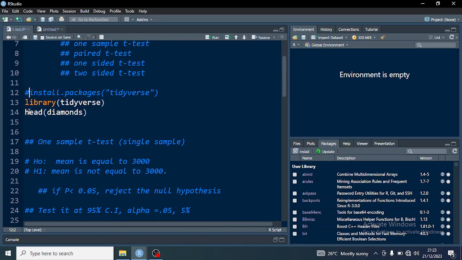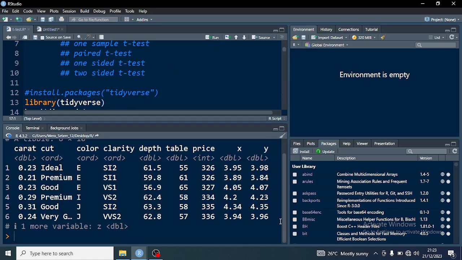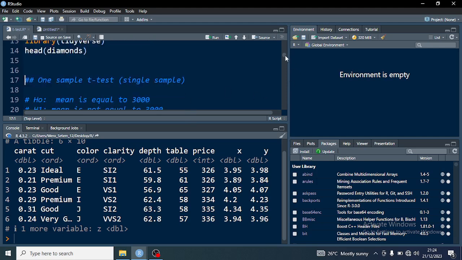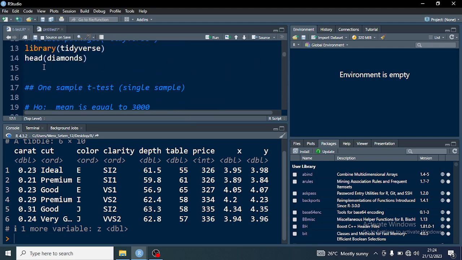Then we'll be using this inbuilt dataset called diamonds. So you can as well practice on your own using this dataset. So let's see how the dataset looks like. So here is the dataset. It's a diamond dataset. If you want to know more about this dataset, you'll type question mark and then diamonds.